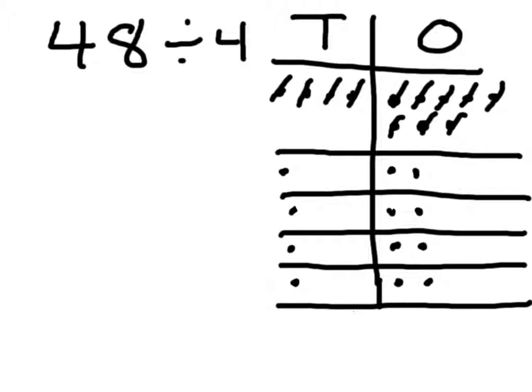Now, each row has the same number of tens and ones, 1 ten and 2 ones, which we can write as 12. So now we have our answer, or quotient as it is called. 48 divided by 4 equals 12.